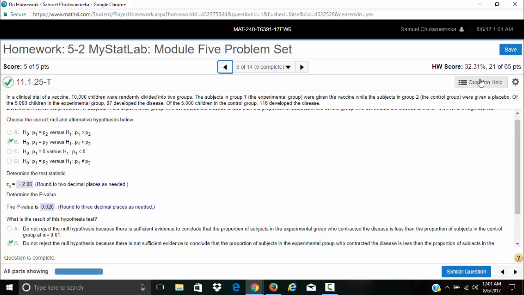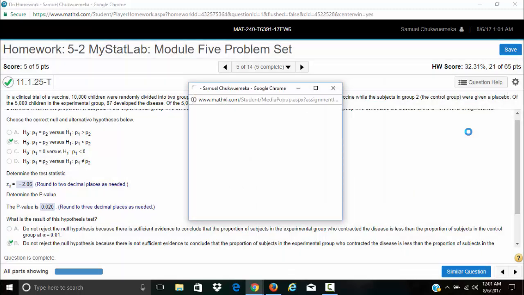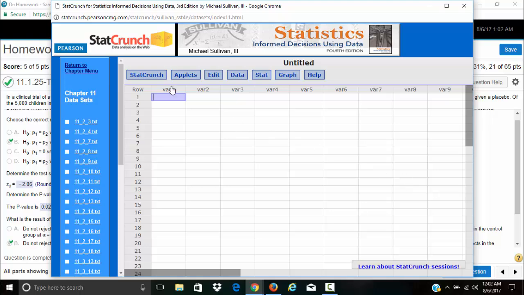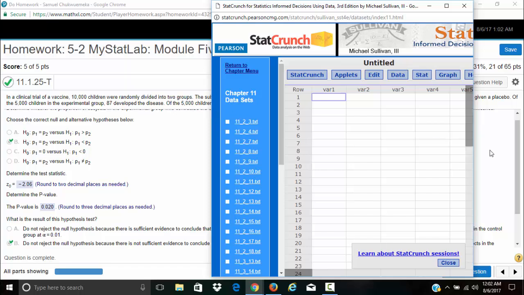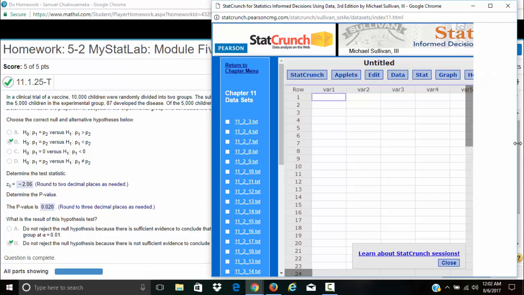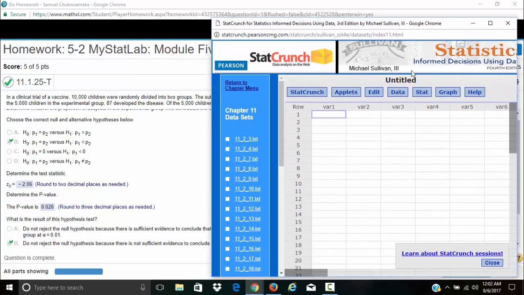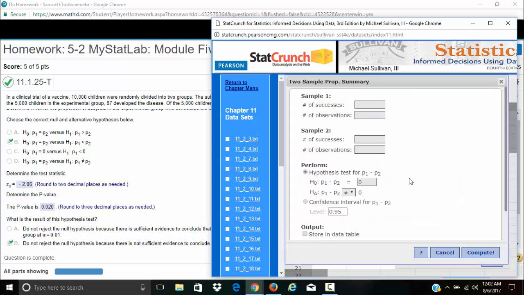If you're doing it with StatCrunch, you go to Start, Proportion Stats, Two Sample, With Summary. Okay, two sample with summary.